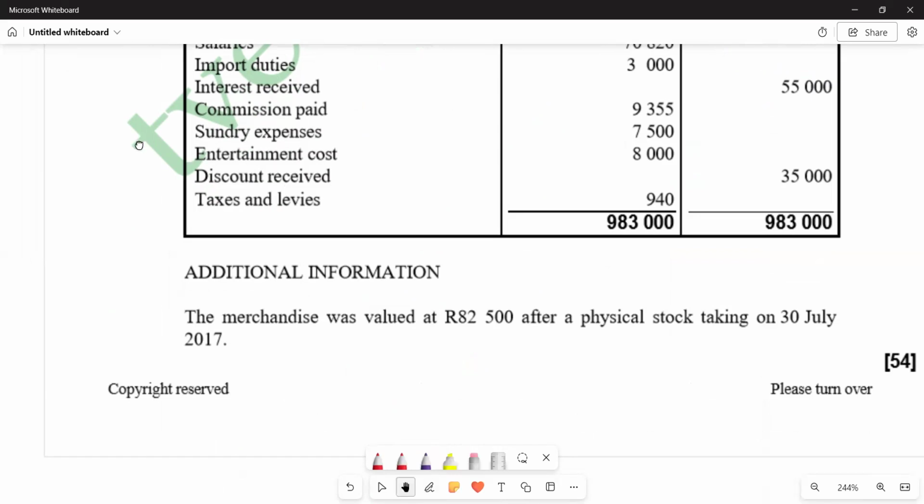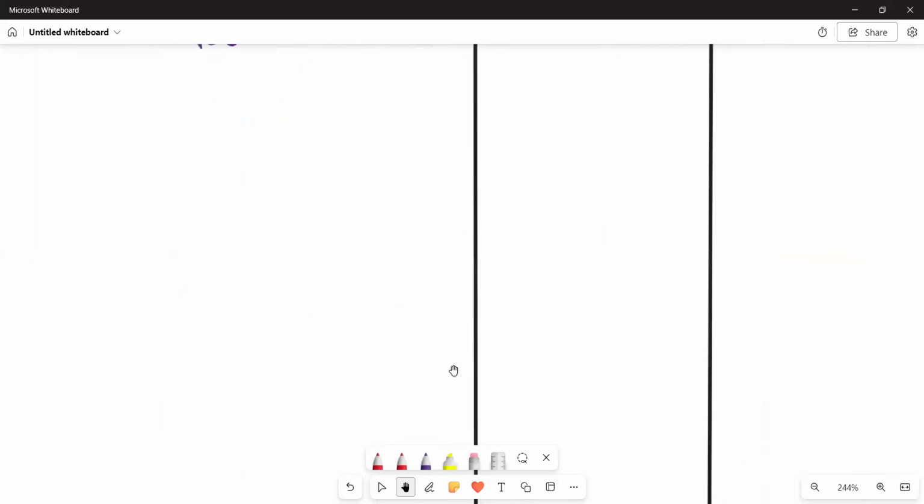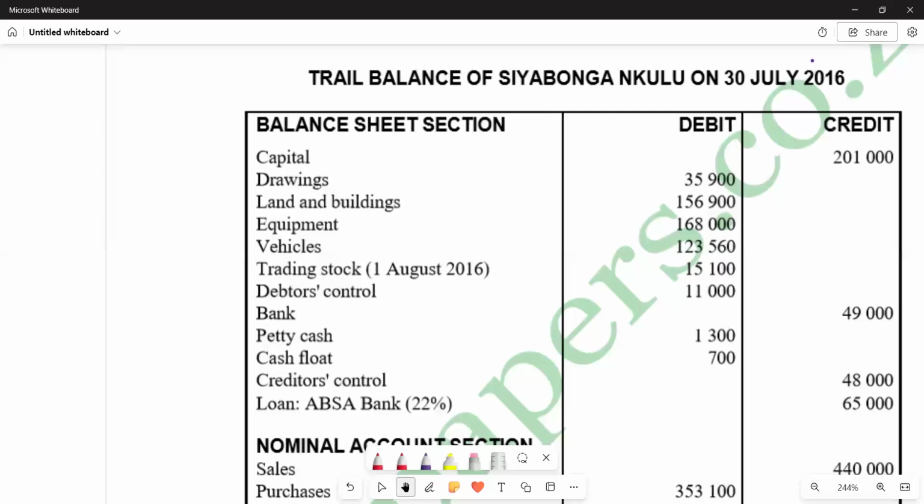So we are going to start on the first note that we are going to prepare. That is the note for property, equipment, and vehicles. We are just going to list all the fixed assets that we are given in the question, and then we calculate the total figure that we are going to use in the balance sheet. So the fixed assets that we have in the question, we're going to find them under the balance sheet section.